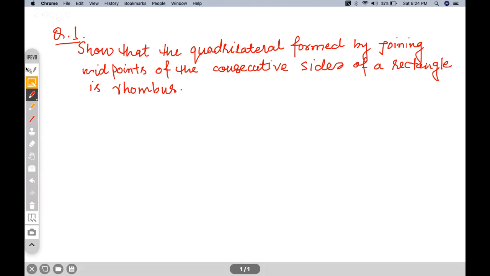So in this question, try to find out properties of rhombus. Two keywords are there. One is a rectangle, second one is rhombus, and the third important point is joining midpoints.